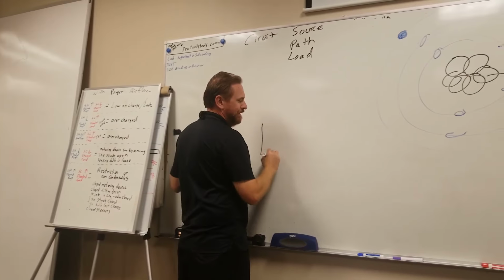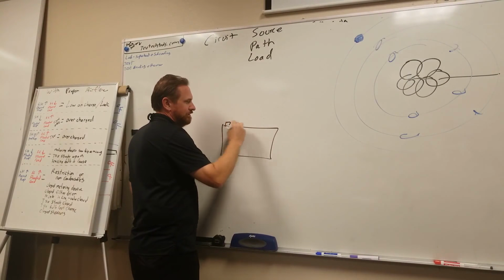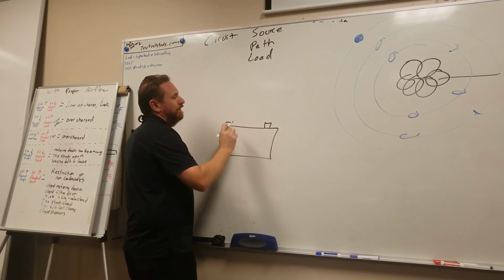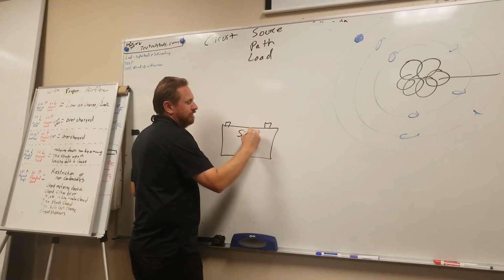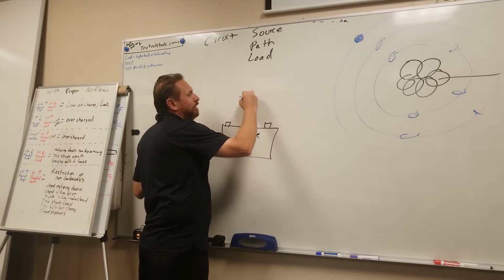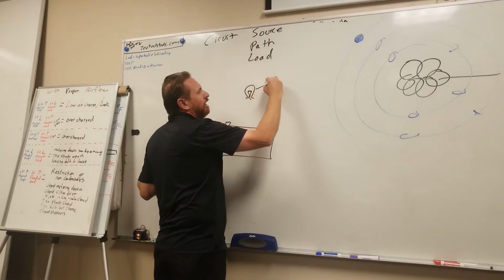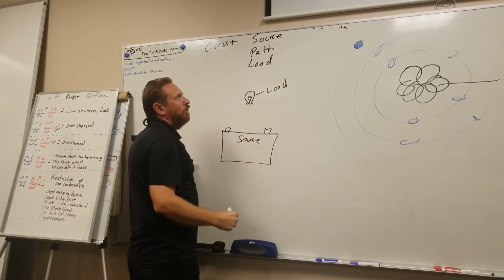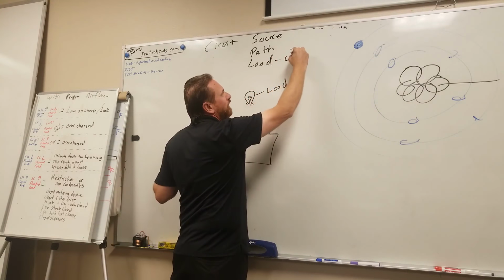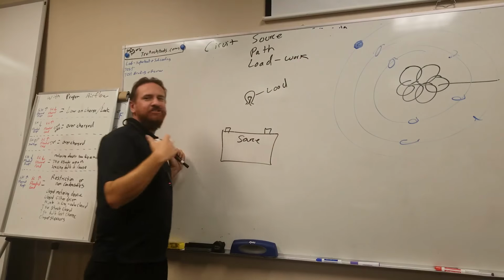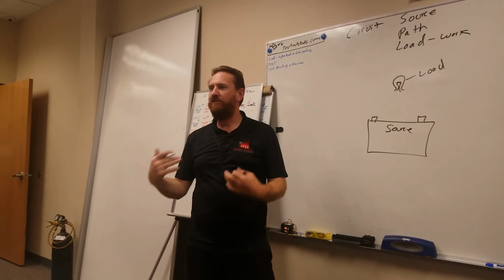So here, if I have a battery, this would be my source. And if I had a light bulb, the light bulb would be my load, or we can also call this work. It's what it's doing for us. We want it to do something for us.